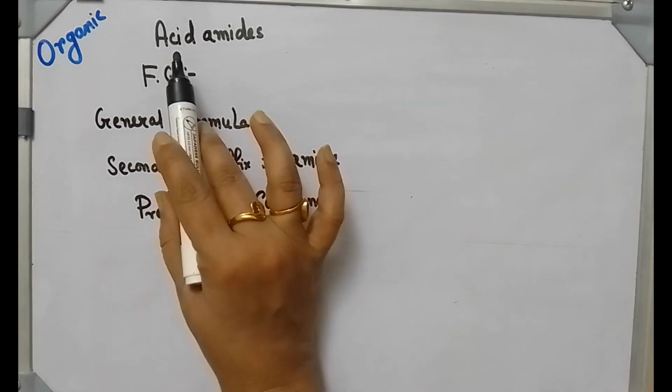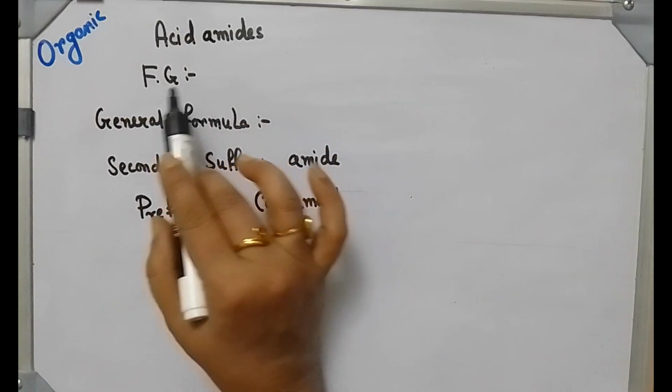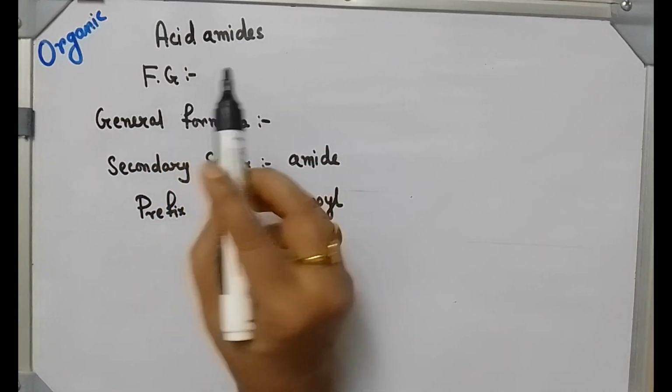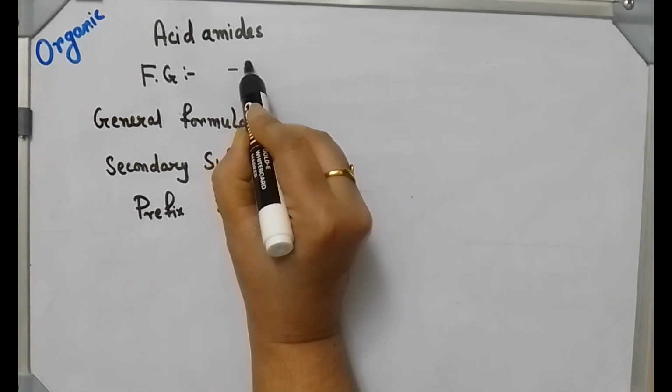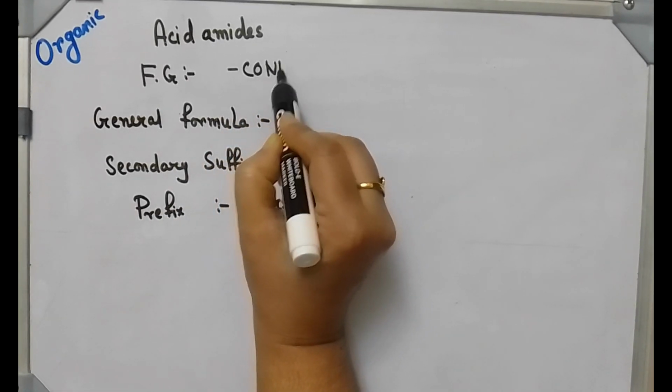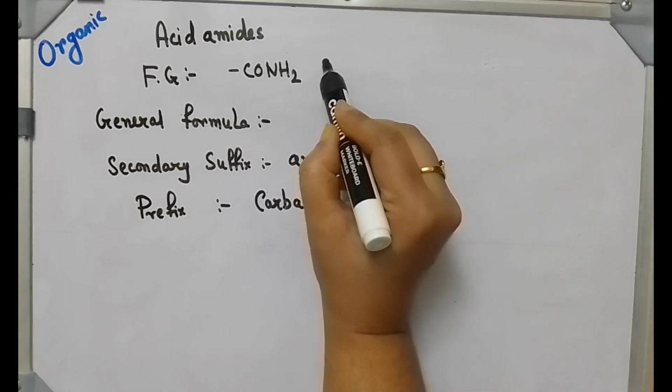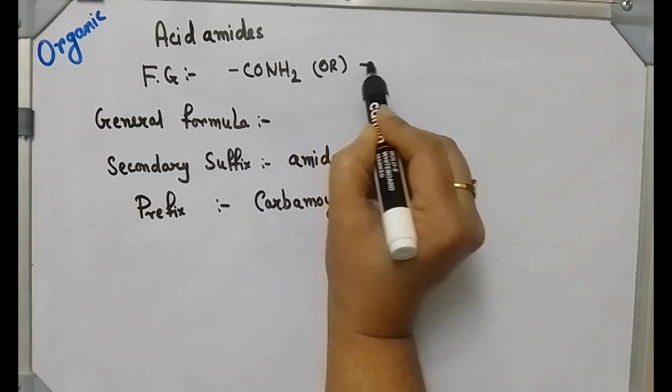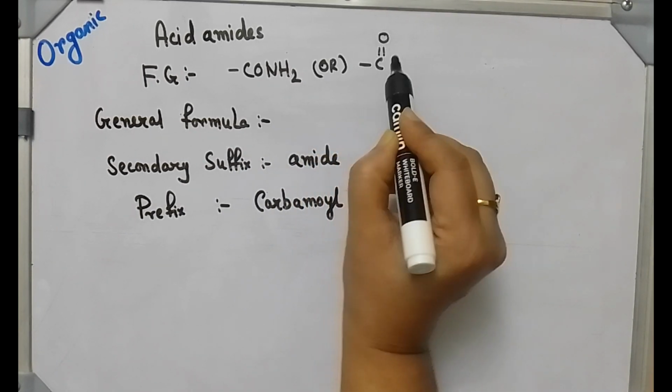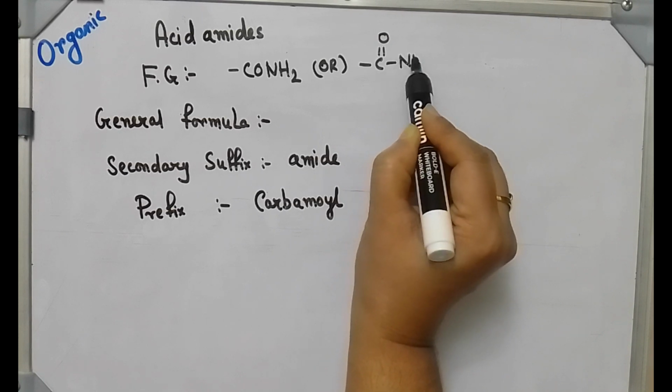Next functional group is acid amides. So structure of the functional group will be CONH2, or you can write C double bond O NH2, complete structure. Okay.